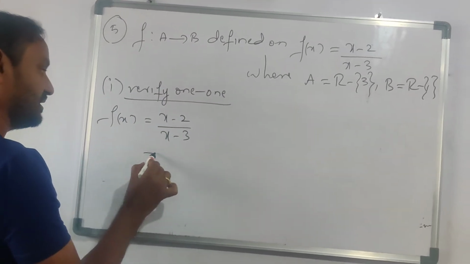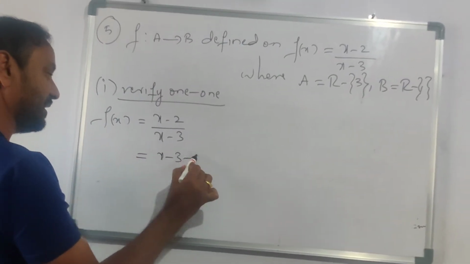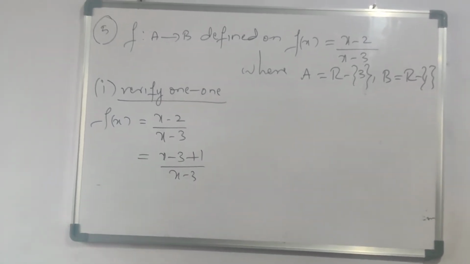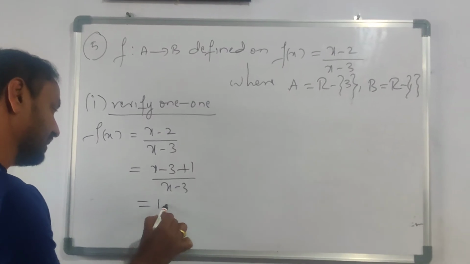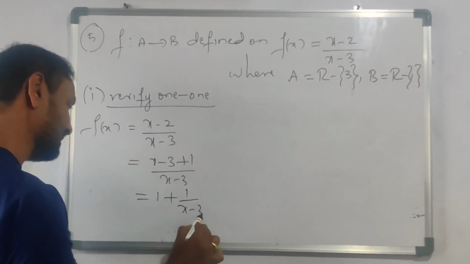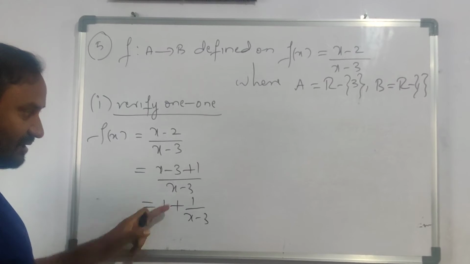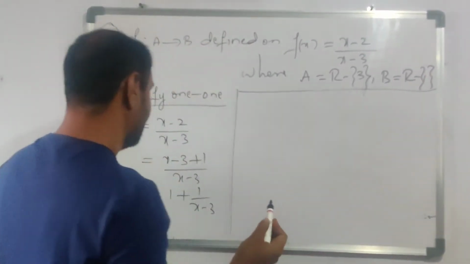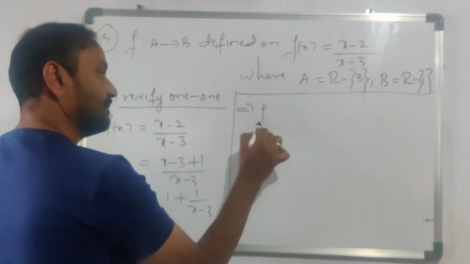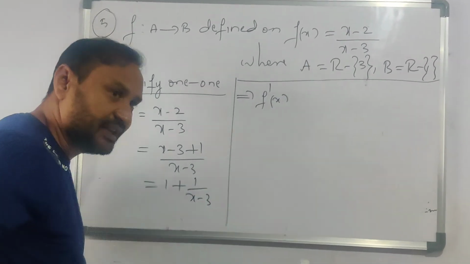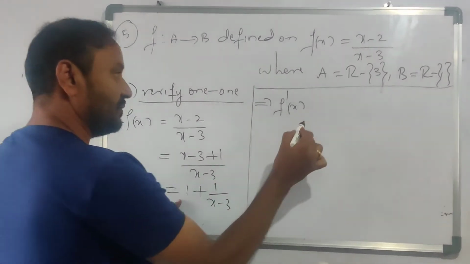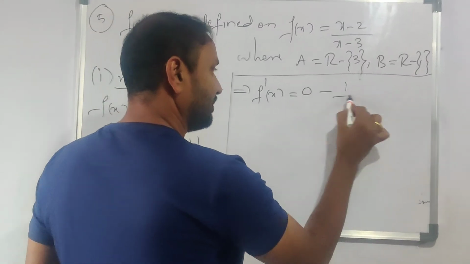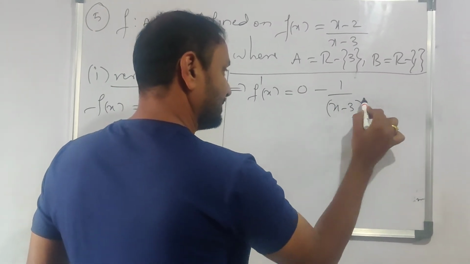f of x equal to this. This is x minus 3 plus 1 by x minus 3. Add and subtract 1. This is equal to 1 plus 1 by x minus 3, because x minus 3 by x minus 3 is 1, and then 1 by x minus 3. Now find out f dash x. The derivative of 1 is 0, and the derivative of 1 by x minus 3 is minus 1 by x minus 3 whole square.